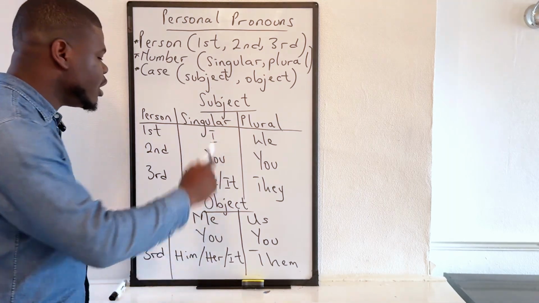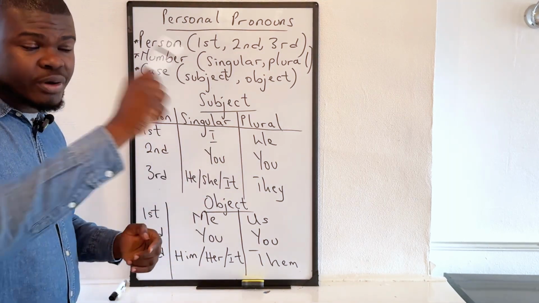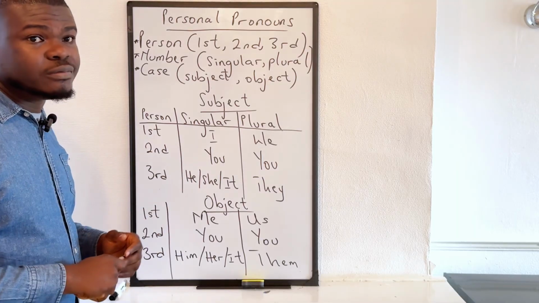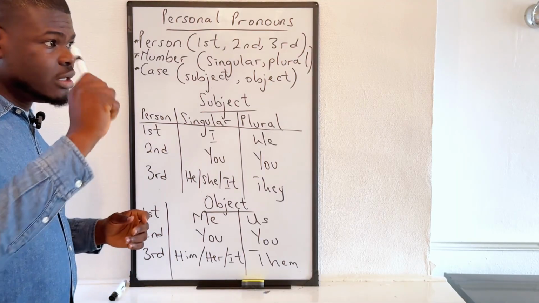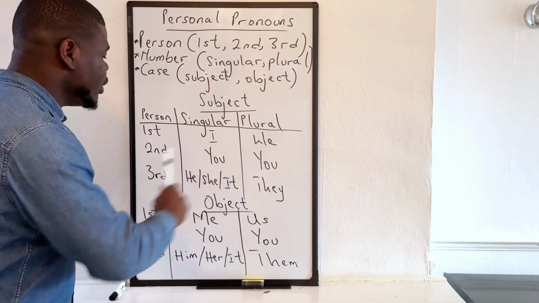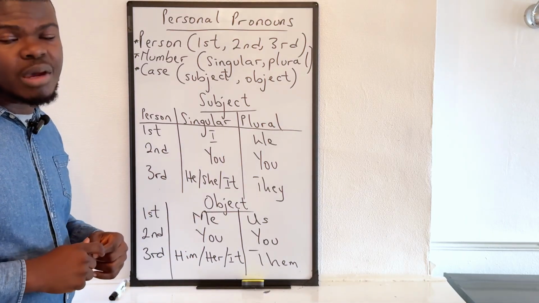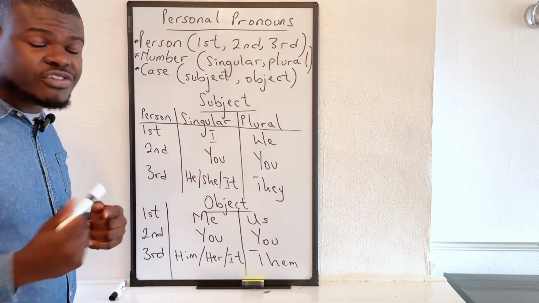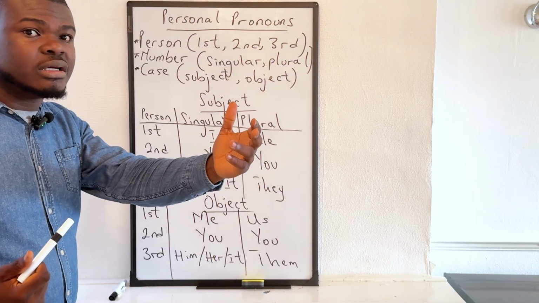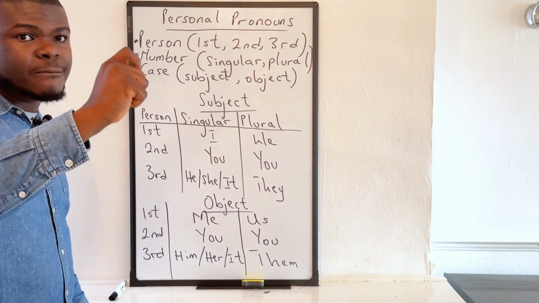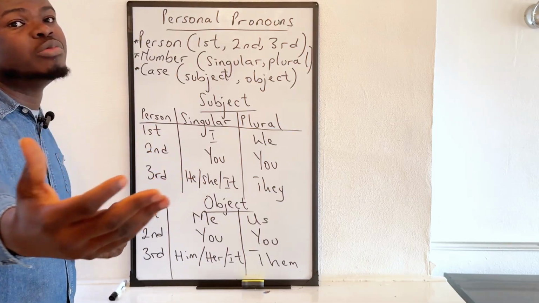And then him, her, or it. The person we're talking about. Yeah. So him, her, or it. I gave him my book. Who received my book? He did. So I gave him, because he is coming at the object position now.